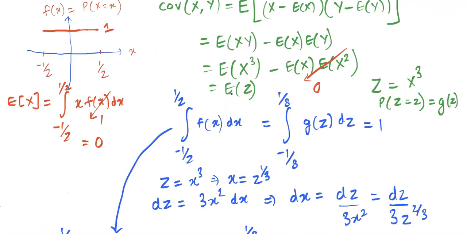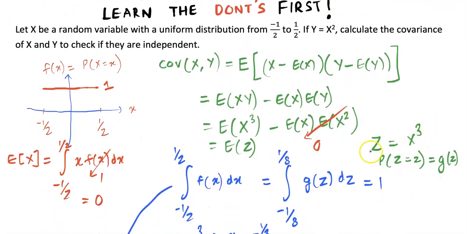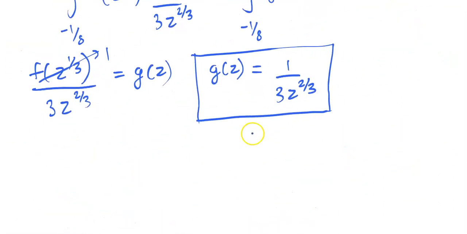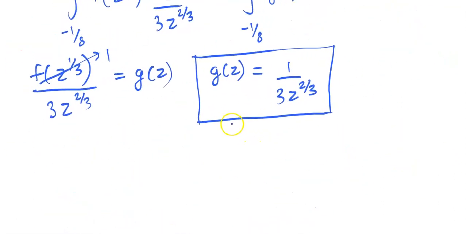Right? And remember, z was x cube. So we have computed the distribution of x cube. What we wanted to do here was to calculate its expectation. And some of you may have already guessed a much better way to do this, but I just wanted to walk through the math just so that it's clearer and more convincing this way.